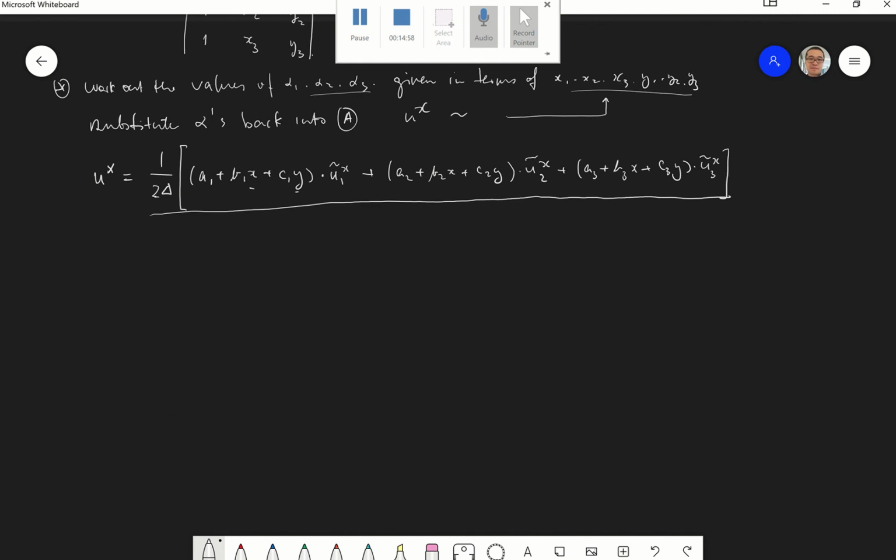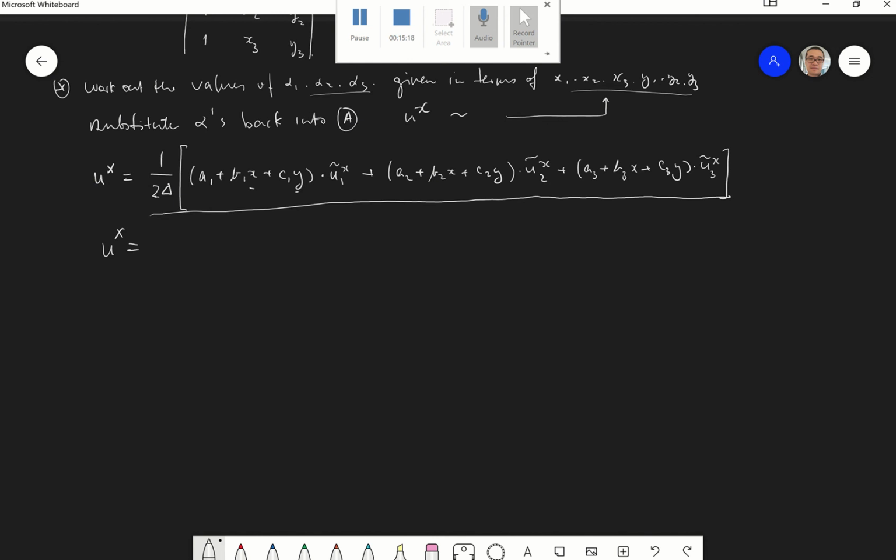So what we can write is, say, this ux is 1/2 delta, or we can even ignore this delta.